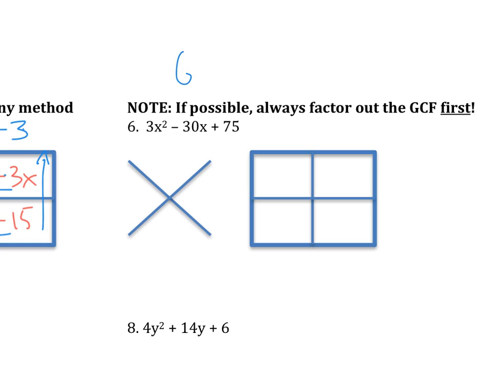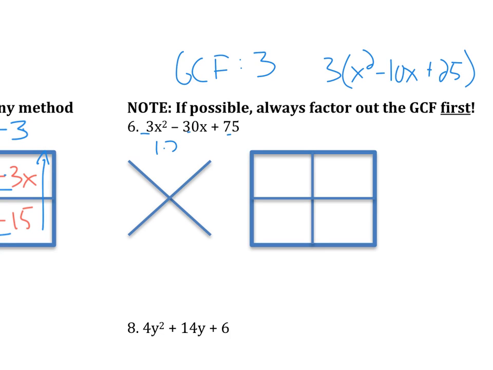So is there a GCF? It looks like a 3 can go into all of them. And then so that leaves me with 3x squared minus 10x plus 25. So then our A is now 1.